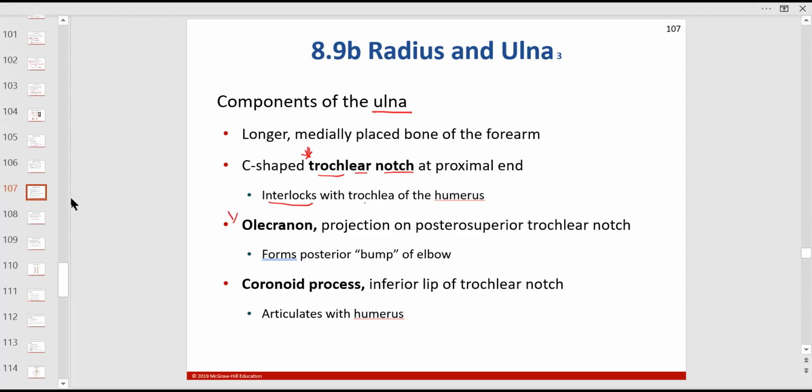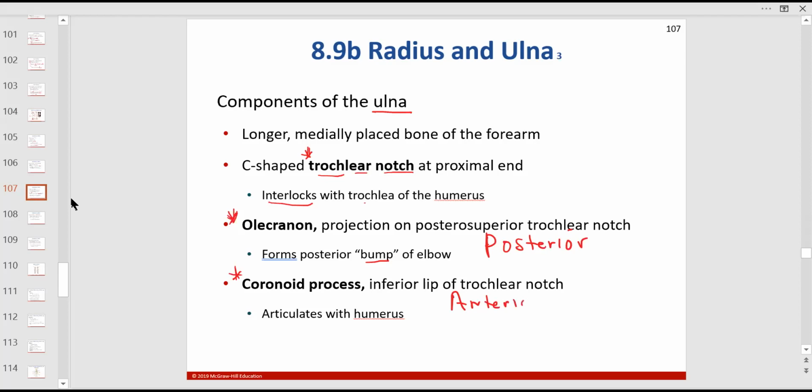Olecranon is the posterior part of your ulna, proximal ulna. And that's that bump. Like again, if you slam down your elbow on the desk, you'd be hitting the olecranon process. But you can just say olecranon. So that's posterior. The coronoid process, you have to know, is anterior.